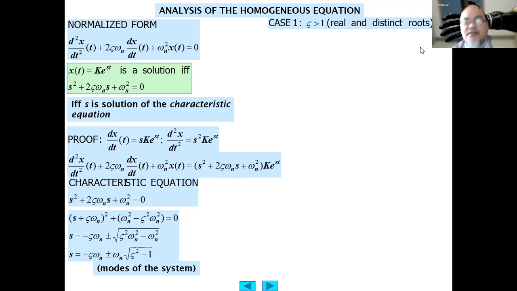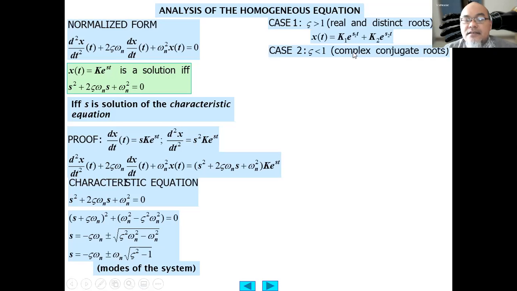If zeta is larger than 1, we will have two distinct roots where both are real numbers. This case is called the overdamp case.